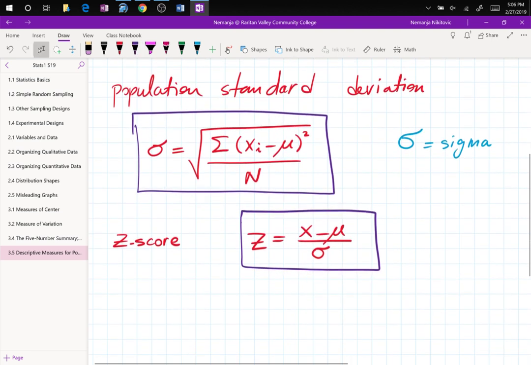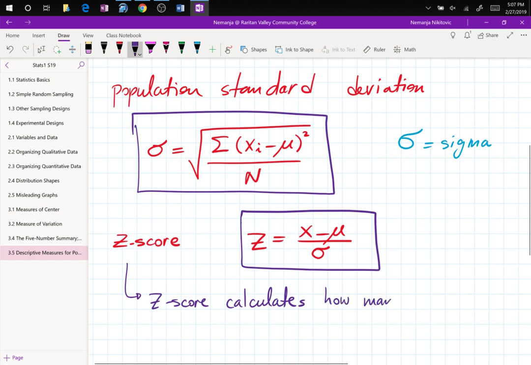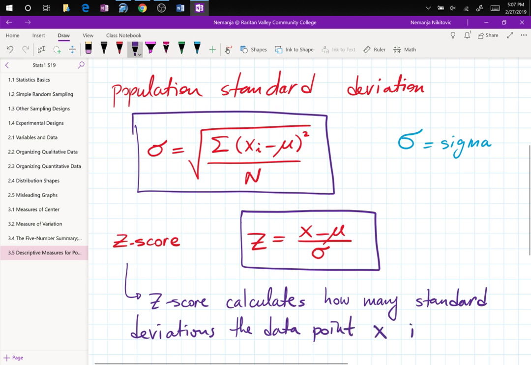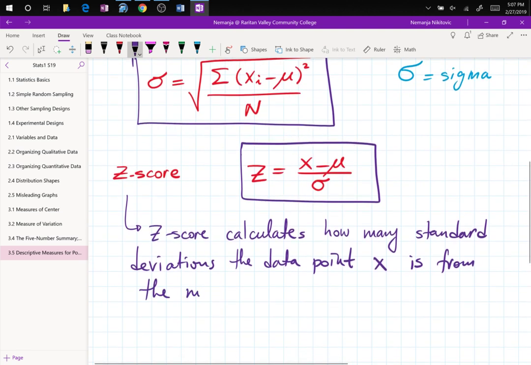So z-score calculates how many standard deviations the data point x is from the mean.